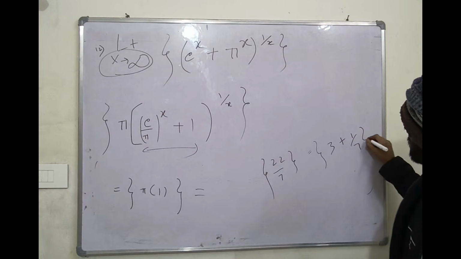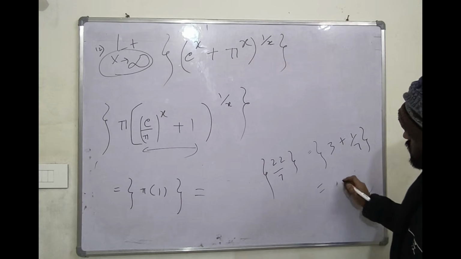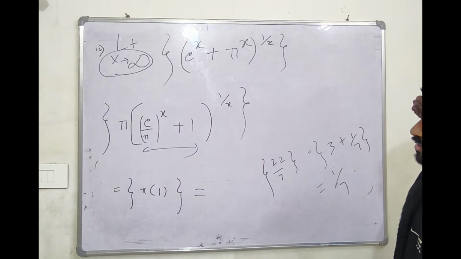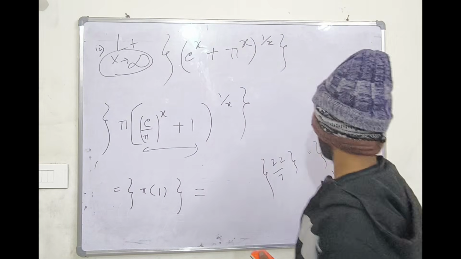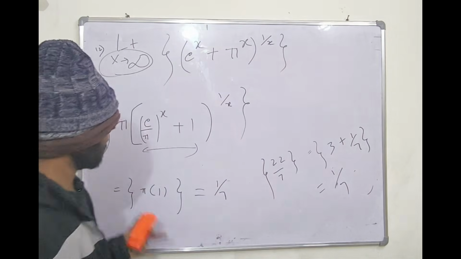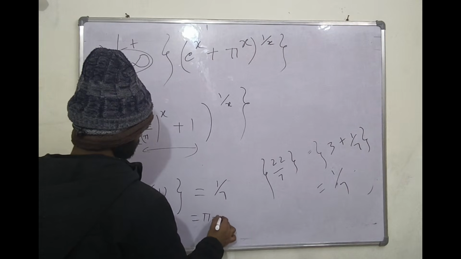So the fractional part of 3 plus 1 by 7 is 1 by 7. Okay, good. So this value is 1 by 7. We can also write it as 5 minus 3.